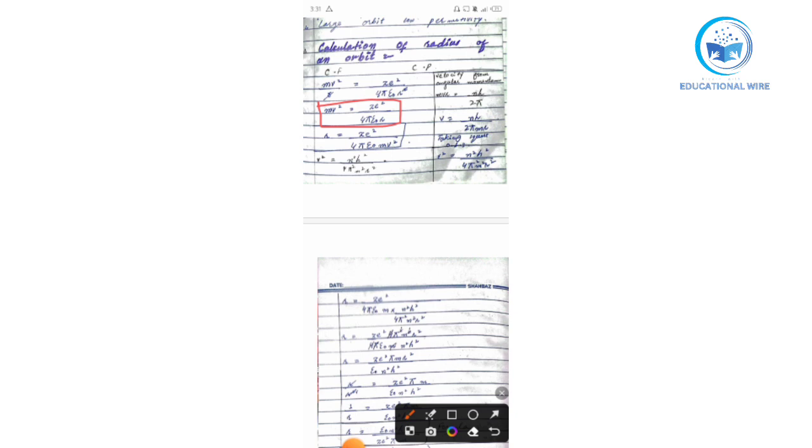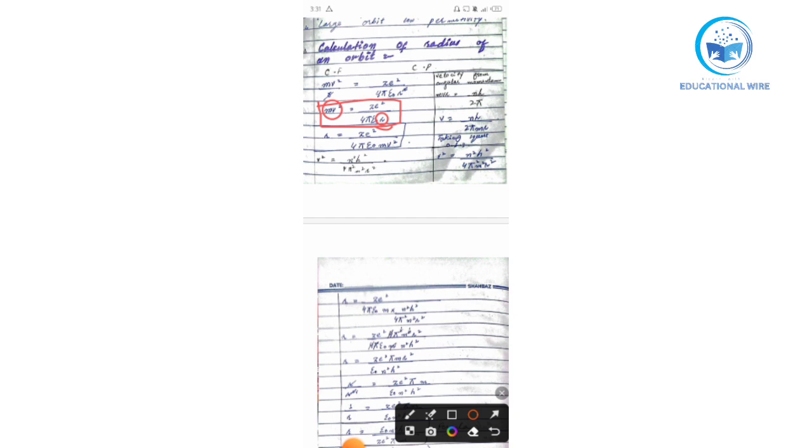You can check it out. r is being multiplied over here. When it moves to this side, it will be divided.